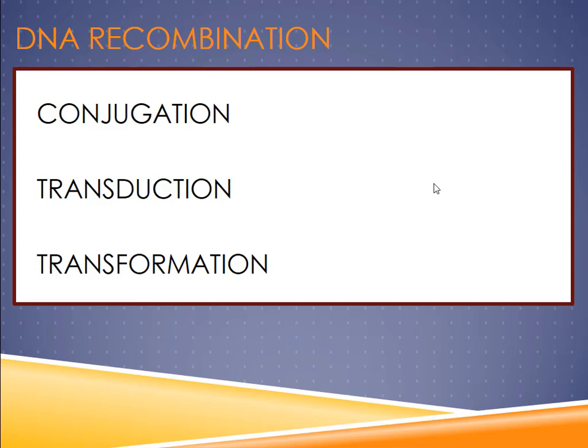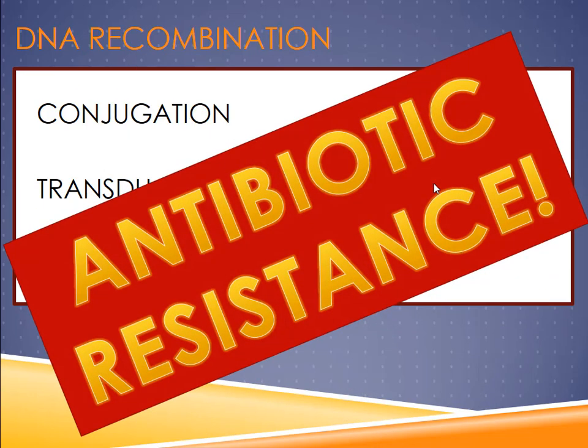But the reason why we care about these three types of DNA recombination so much is because of antibiotic resistance. Organisms produce antibiotics that they have created throughout eons of evolution. And we are applying antibiotics for a non-natural purpose, for our medical purpose.